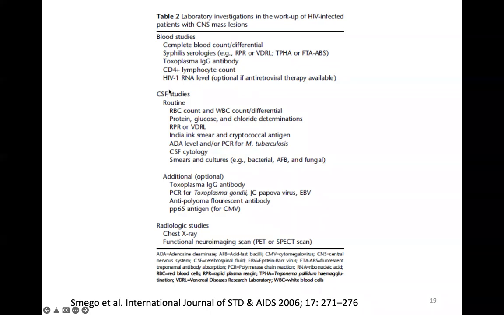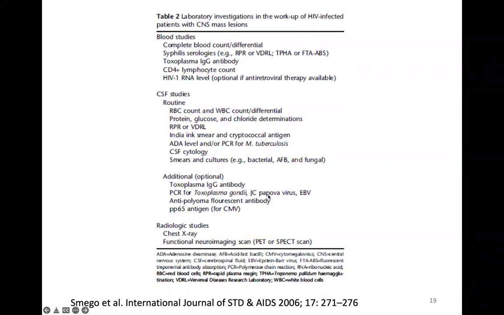Then you can also do your CSF studies, checking protein, glucose, your cells, syphilis again, cryptococcus, TB, excluding TB, additional things like your IgG for your antibodies in the CSF, anti-polymer fluorescent antibodies. So quite a number of other viruses as well, CMV, Epstein-Barr, HSV.